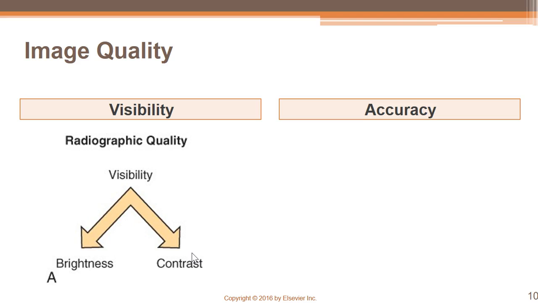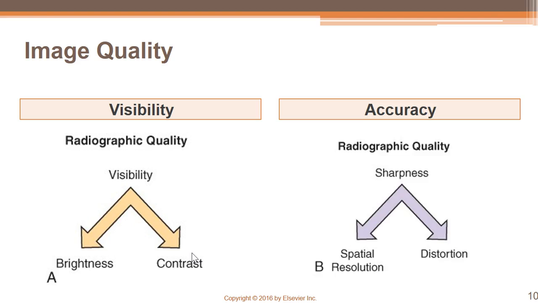Then the accuracy of the structural lines, which is sharpness, is achieved by maximizing the amount of spatial resolution or recorded detail, and minimizing the amount of distortion. These are the geometric properties.